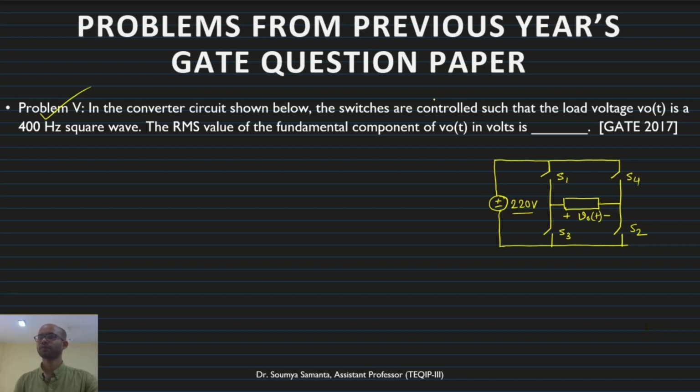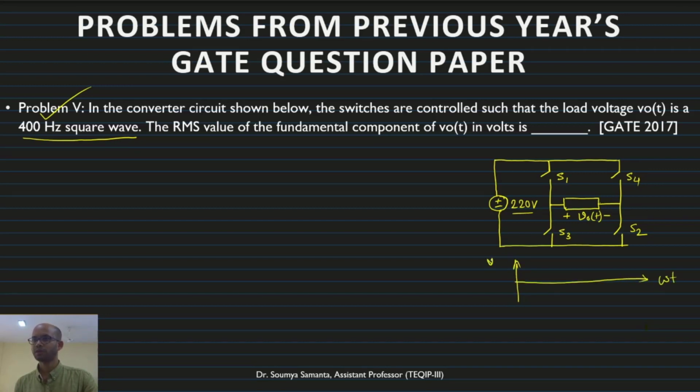Now, what is asked: in the converter circuit shown below, the switches are controlled such that the load voltage VOT is a 400 Hz square wave. The RMS value of the fundamental component of VOT is how much? Basically, if I see here, this is V output t with omega t.